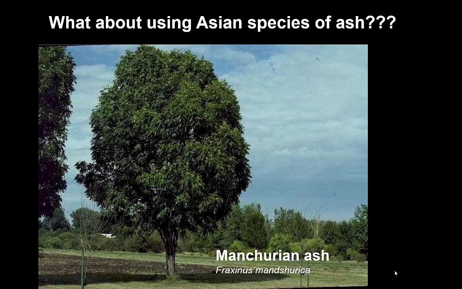One of the things that often is raised is, what about using Asian species of ash that have resistance? There are resistant ash known to occur that are not highly susceptible to emerald ash borer, such as Manchurian ash. Not a native species, but a species that grew up and has evolved resistance to emerald ash borer.